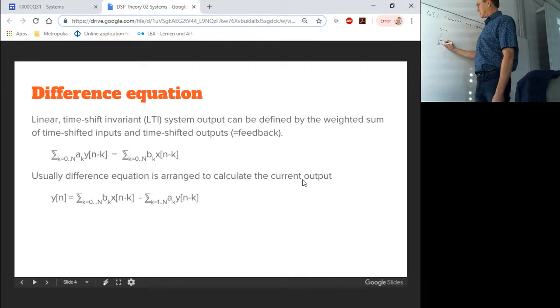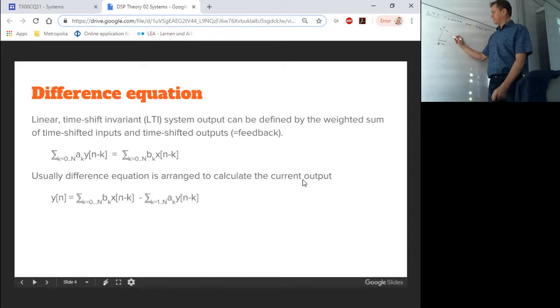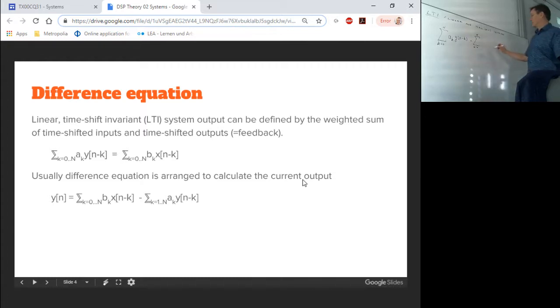A sum goes from 0 to capital N of a k, so these are the multiplying factors for the output and the delayed parts of it. And the other side is k from 0 to some other number M. Usually those are the same numbers, but anyway, b k times x of n minus k.